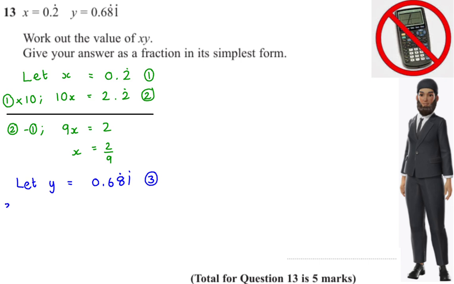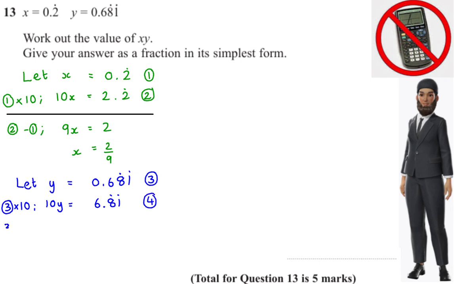So let's do equation number 3 and multiply it by 10, and you'll end up with 10y is equal to 6.81 recurring. Then we want one whole lot of this recurring element to go across. Let's call this one equation number 4.